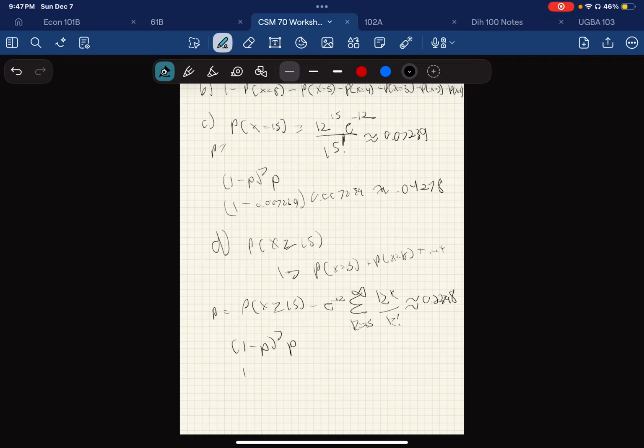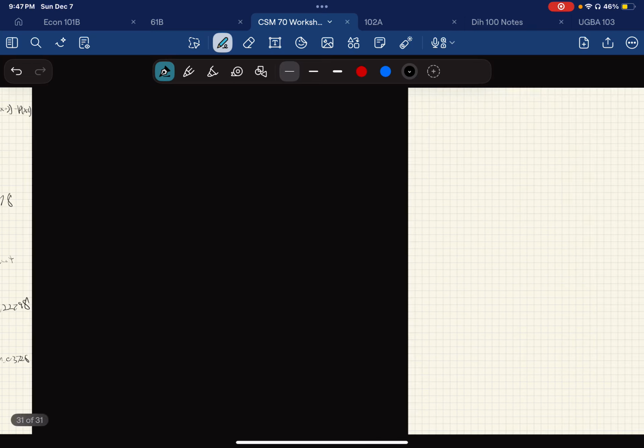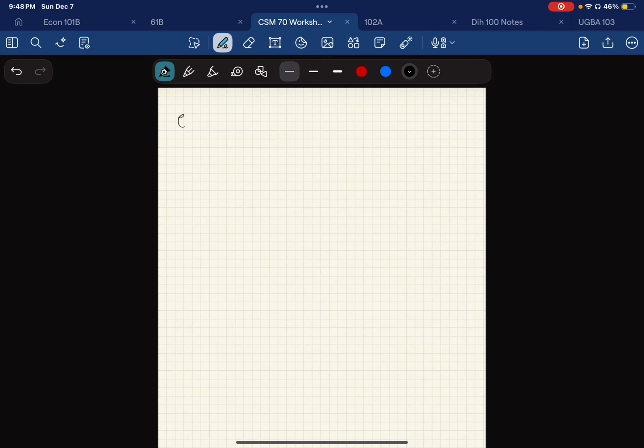So 1 minus our P, which is 0.22798, to the 7th, sorry for the messy handwriting, times 0.22798. And that's going to approximate out to 0.03726.